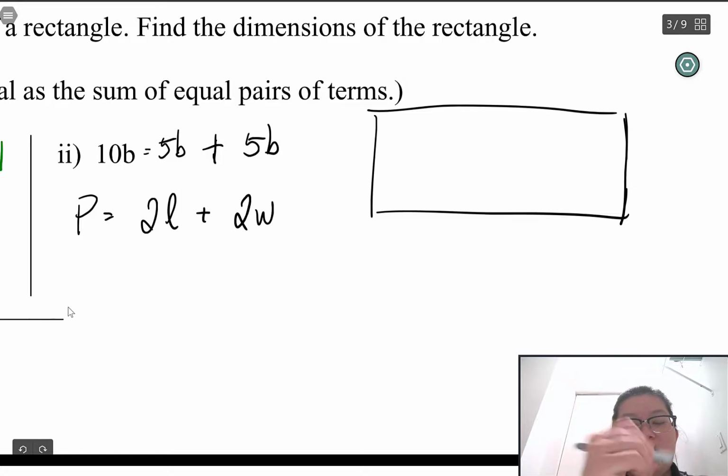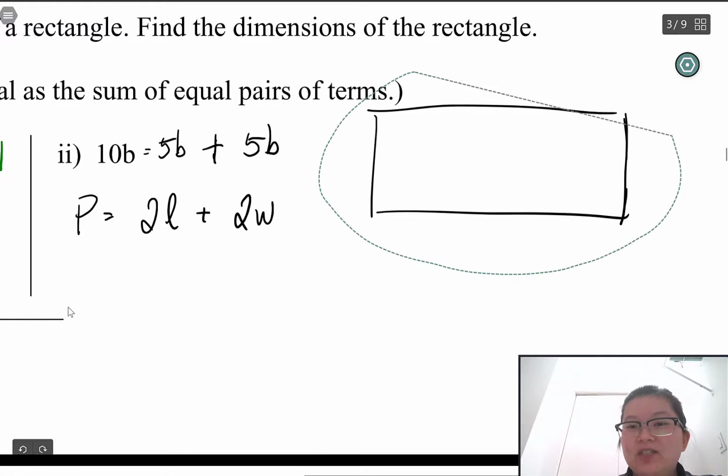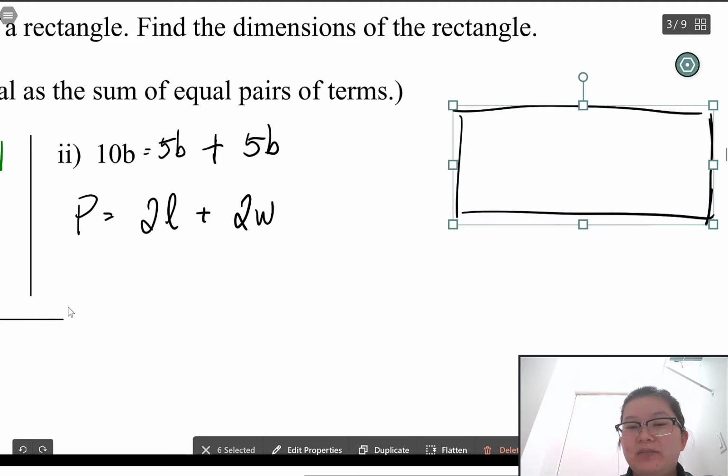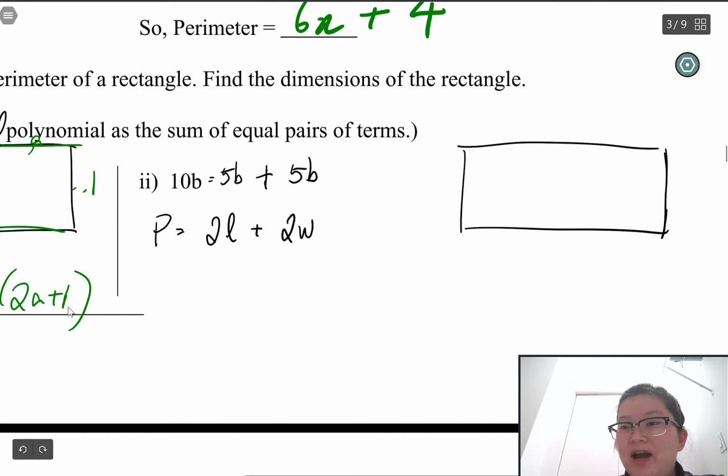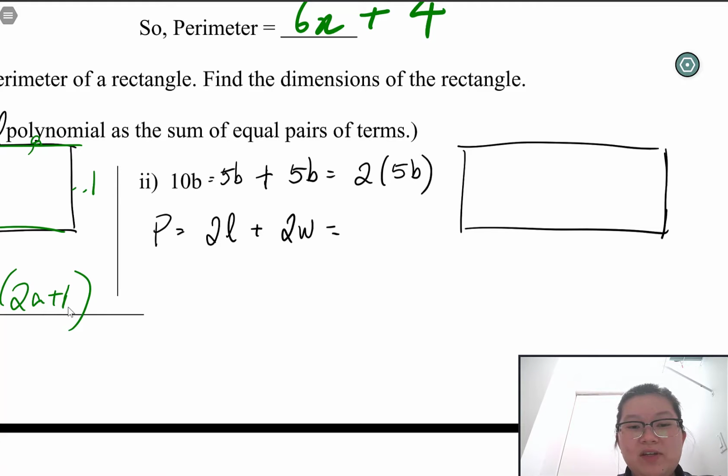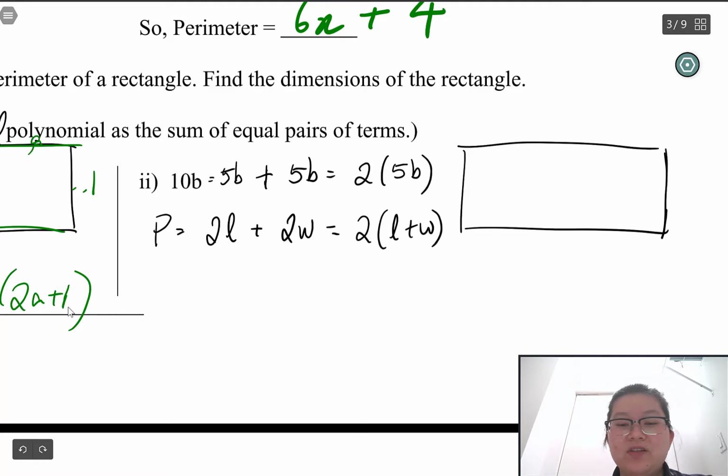Hopefully this way we can do something about that. And I think it's better if I write it this way to give us a better idea. This is essentially 2 times 5b. And when we deal with the perimeter, this is essentially 2 times the width plus the length, or vice versa.